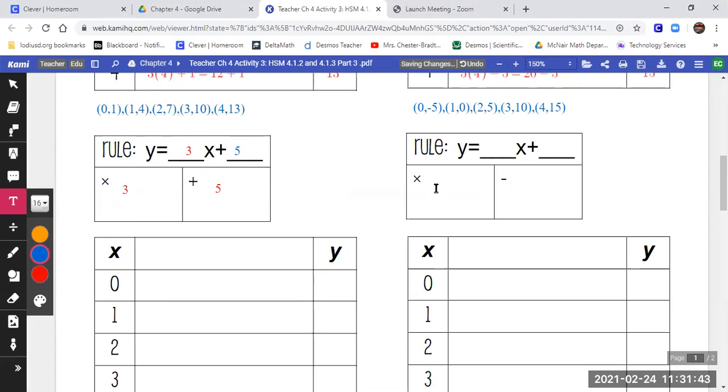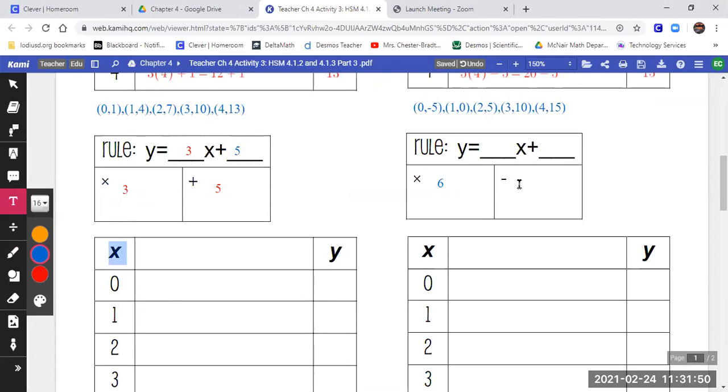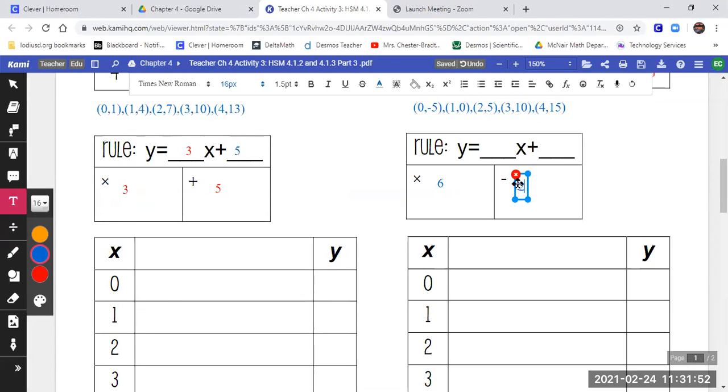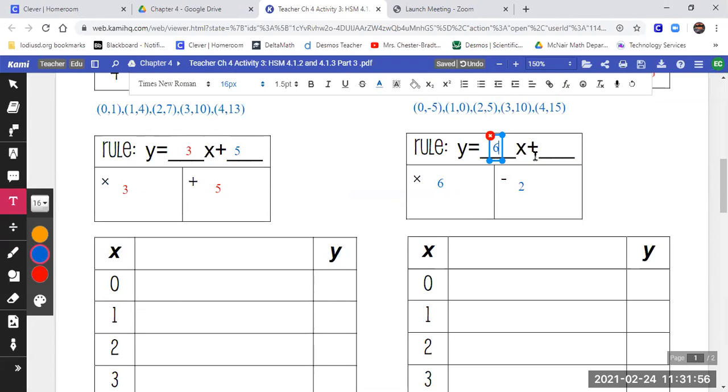Okay, for this one, the dice rolled a 6 and it rolled a 2. So my equation says 6x with a -2, right?